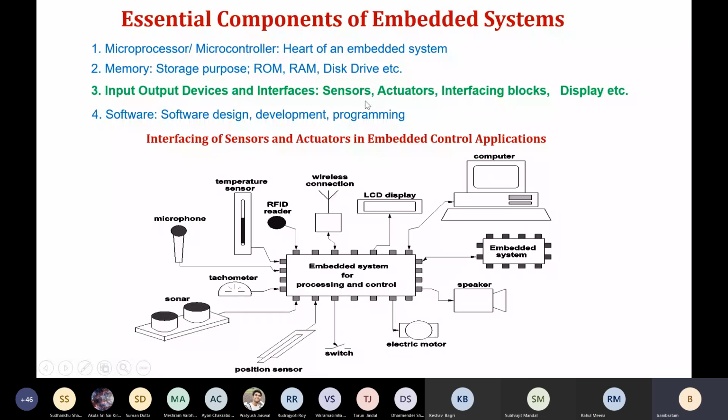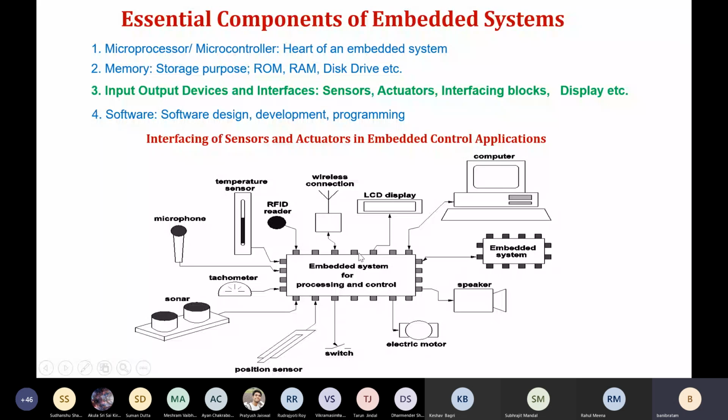So we will now focus on the third component, which includes the interfacing of sensors and actuators with the microcontroller or the embedded system. You have already seen this diagram, because in our preamble class we gave a couple of slides where we introduced these concepts of interfacing.